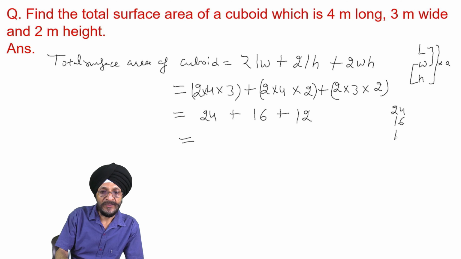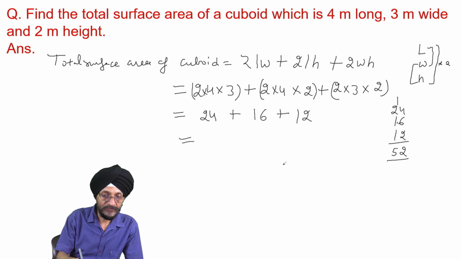Let us add the same. 24 plus 16 is 40, plus 12, 52. So the answer before us is 52 square meter.